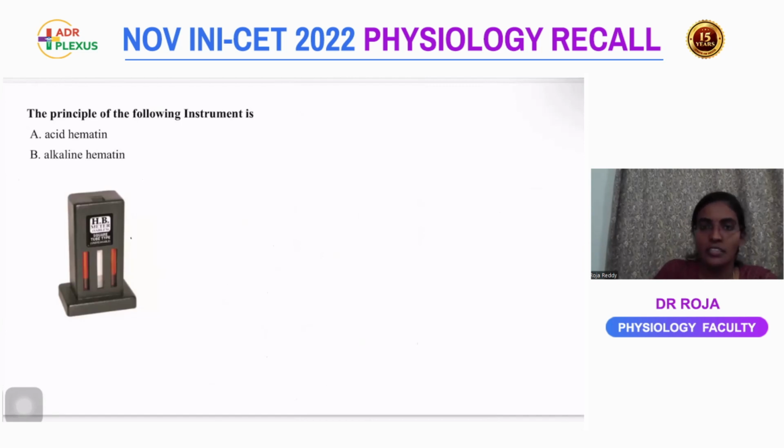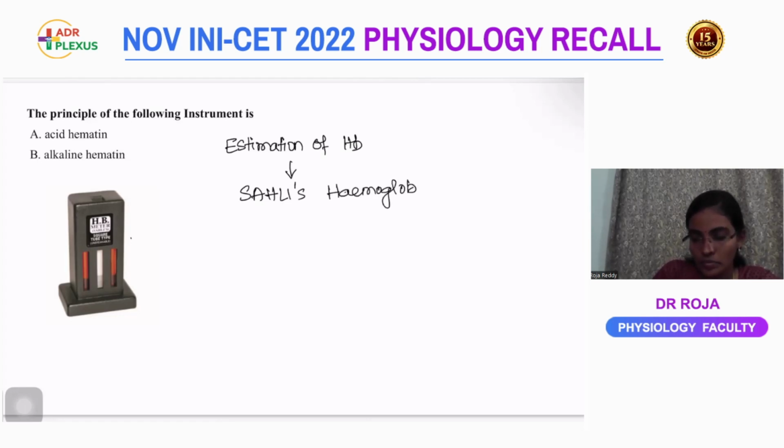This is the instrument which is used in the estimation of hemoglobin, right? And the name of this instrument is Sahli's hemoglobinometer.